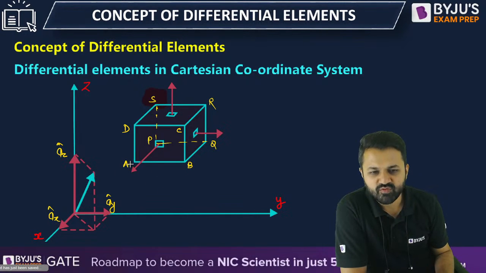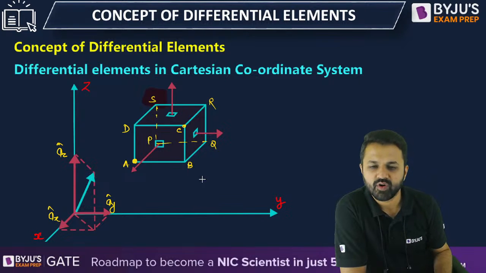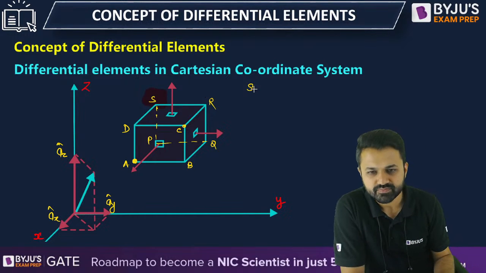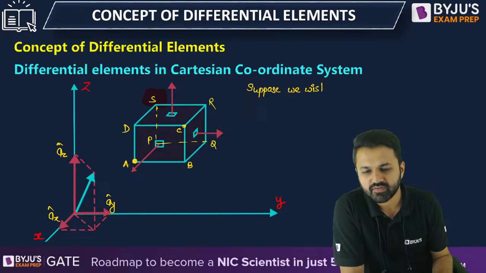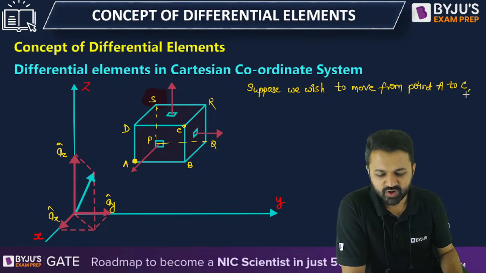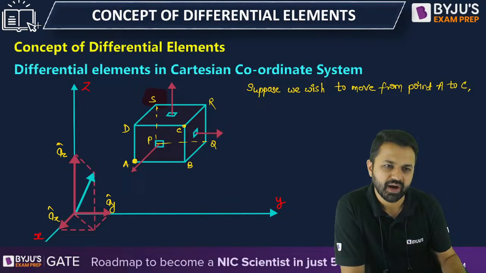Suppose you wish to move from one point A to another point C. What will be the path?